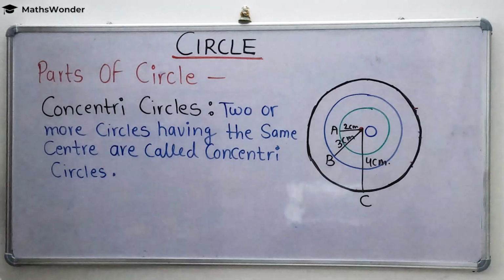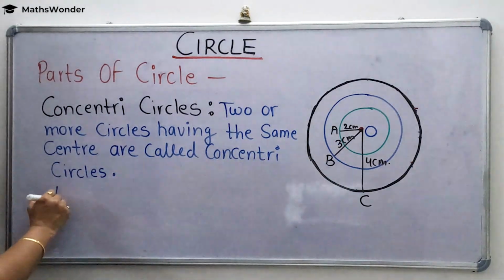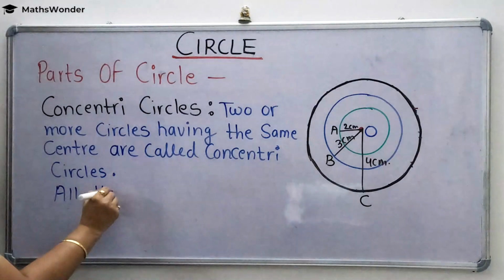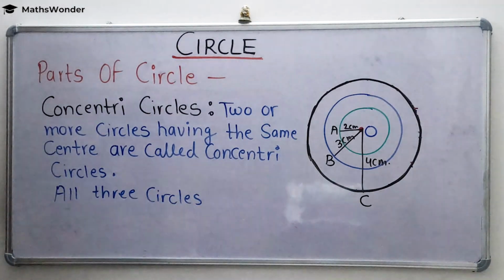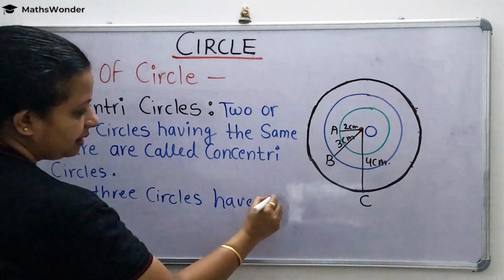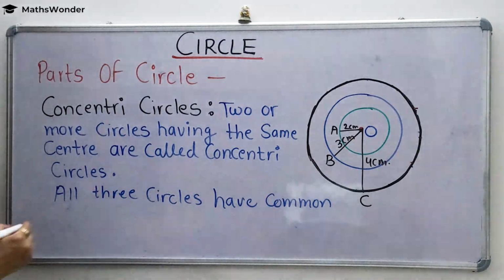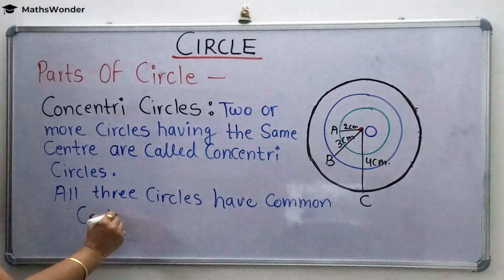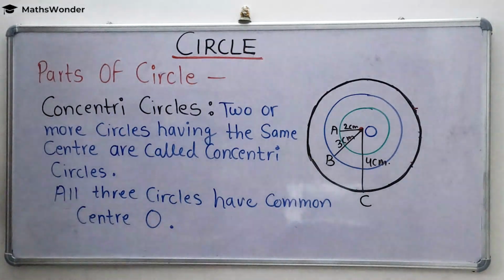So all the 3 circles have a common center, which is O.